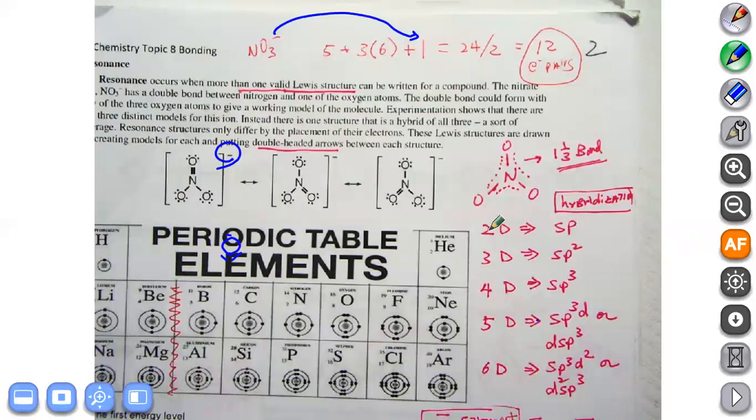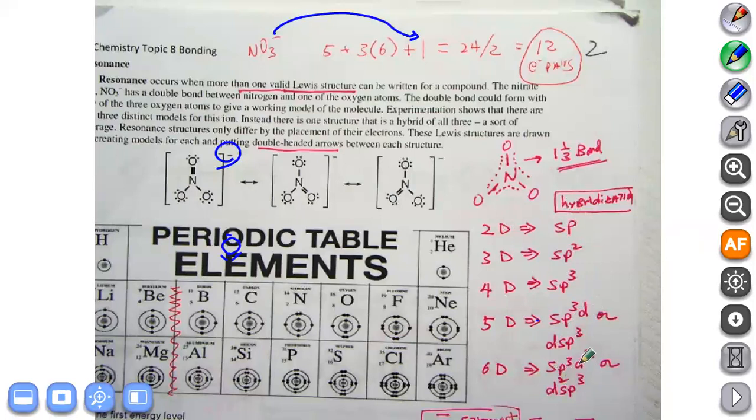So if you have 2 domains, we say that's sp hybridization. 3 domains, sp2 hybridization. 4 domains, sp3 hybridization. 5 domains, sp3d or dsp3 hybridization. 6 domains, sp3d2 or d2sp3.